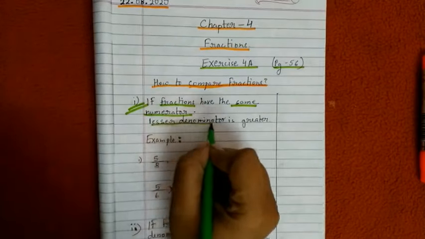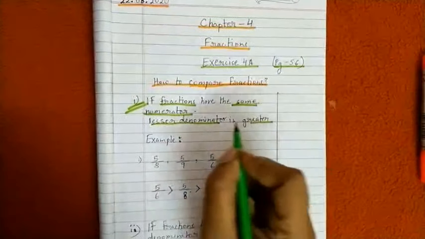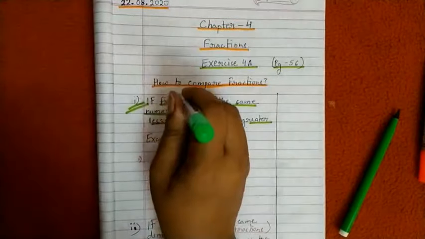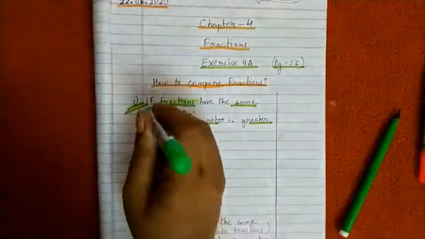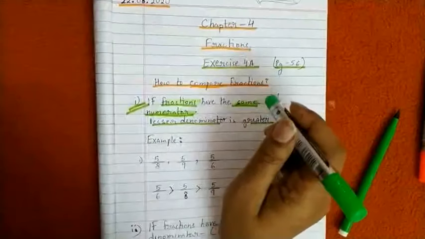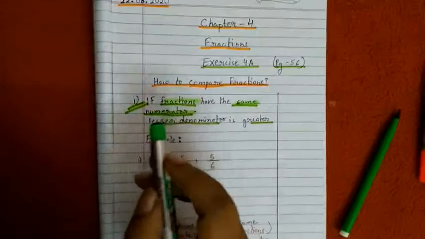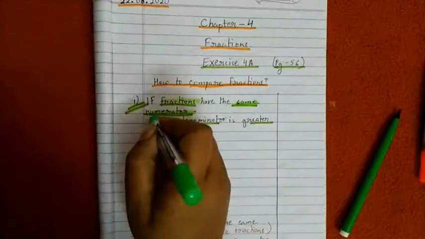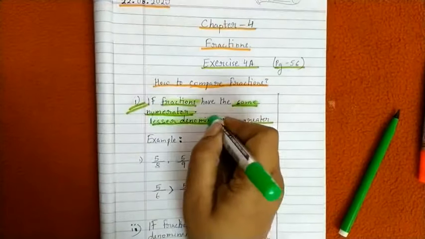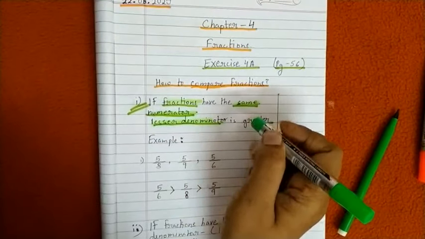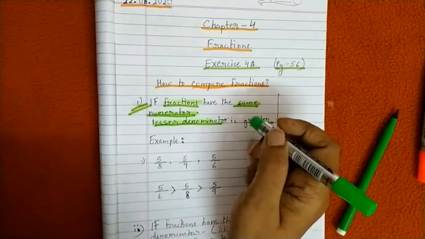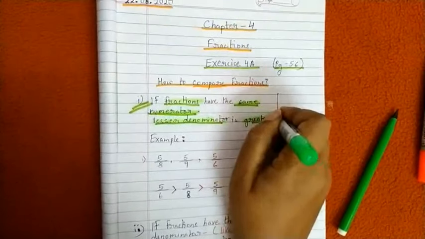The lesser denominator will be greater. I am repeating again: when the numerator is the same, you have to check the denominator. The fraction having the lesser value of denominator is the greater one.